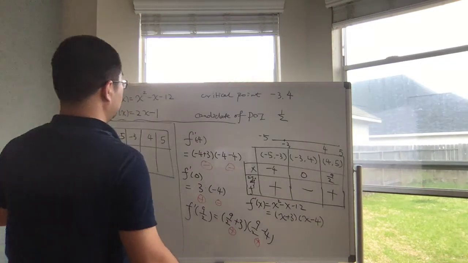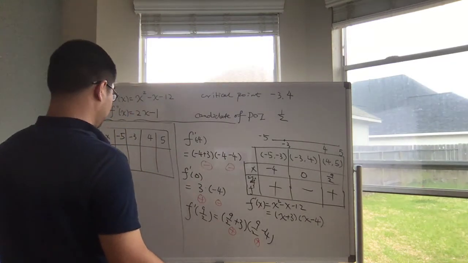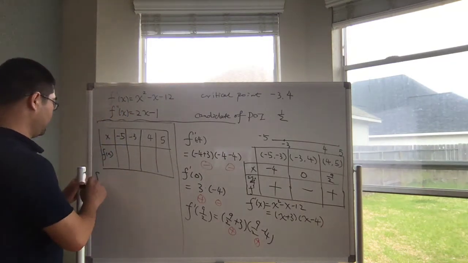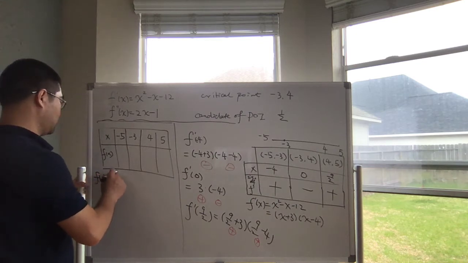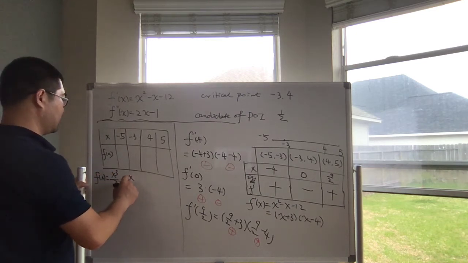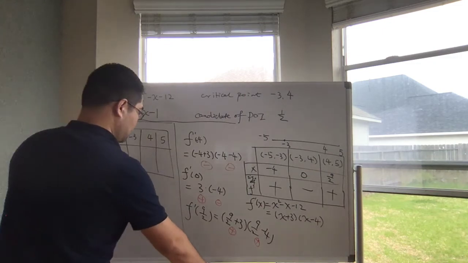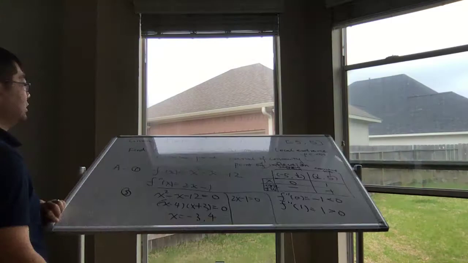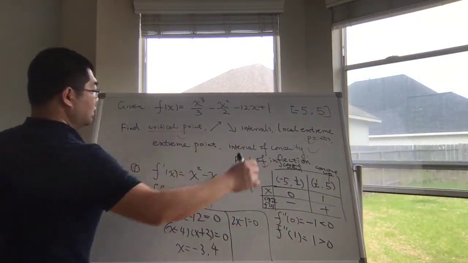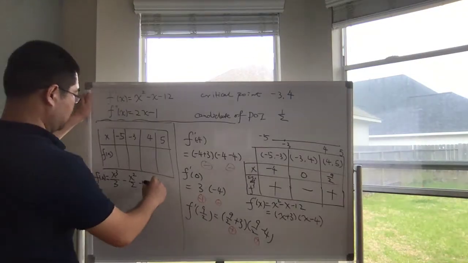So let's see the original function. f(x) is x cubed over 3 minus x squared over 2 minus 12x. I couldn't remember the constant. Okay, plus 1.